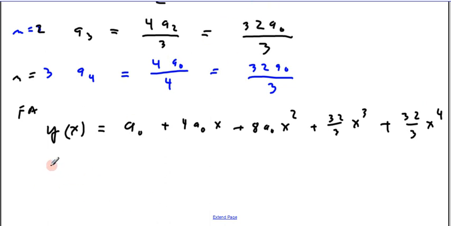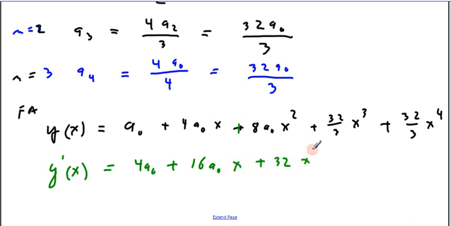So I'm going to go and say y prime of x is equal to 4a0, that's a plus sign, plus 16a0x plus 32a0x squared, plus 128 over 3x cubed.